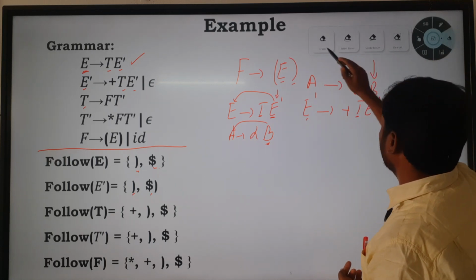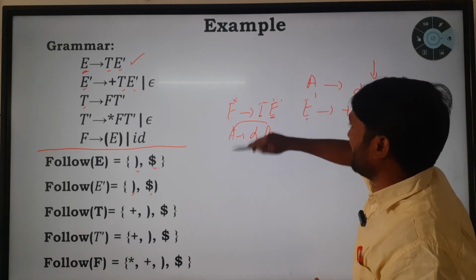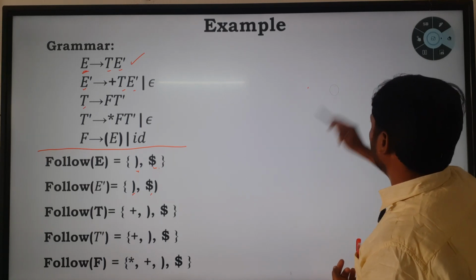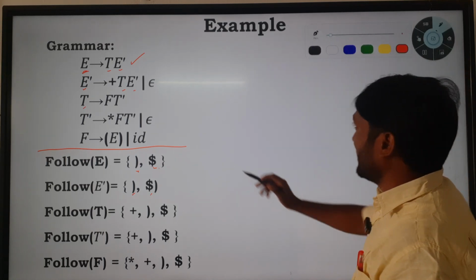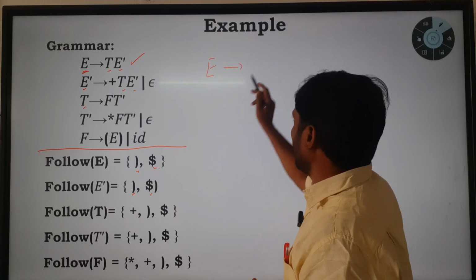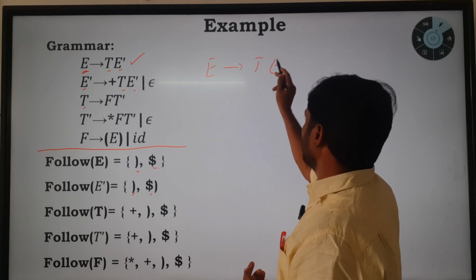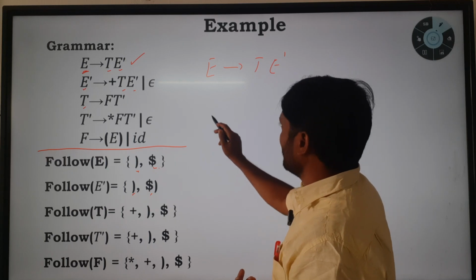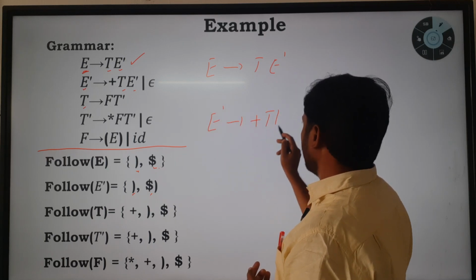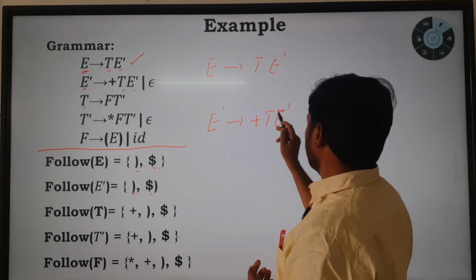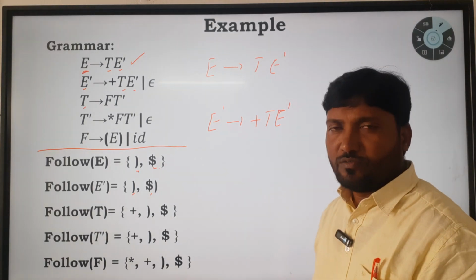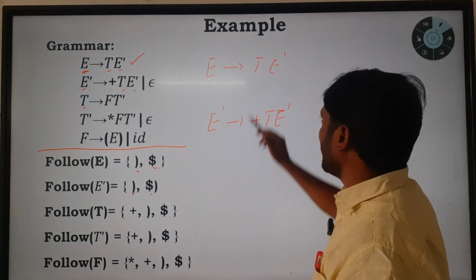Now just wait, it is easy to understand how to calculate the follow function this way. The two productions are E derives T E dash, and one more production, E dash derives plus T E dash. These are the two productions we use to calculate the follow function of T.